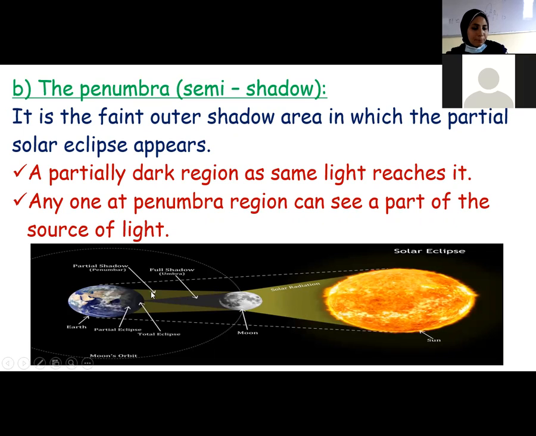But in the penumbra shadow, the faint shadow, the partial solar eclipse happens. Anyone in the penumbra shadow can see part of the sunlight and not the other part. So the partial solar eclipse happens.